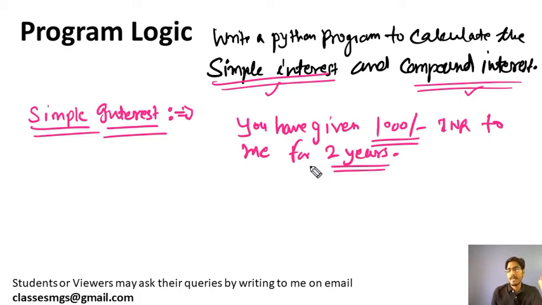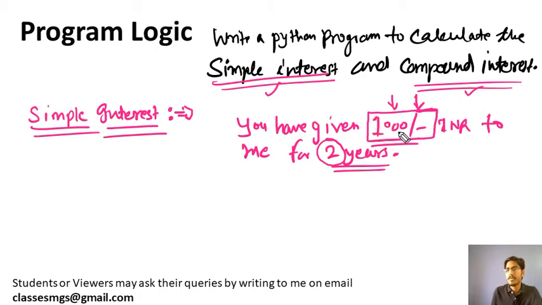Then I will use this money for 2 years and then I need to return it back to you. If I return only 1000 rupees, then what is the benefit of this money? This money will not earn anything for you. If I return 1000 rupees after 2 years, then there is no profit to you.